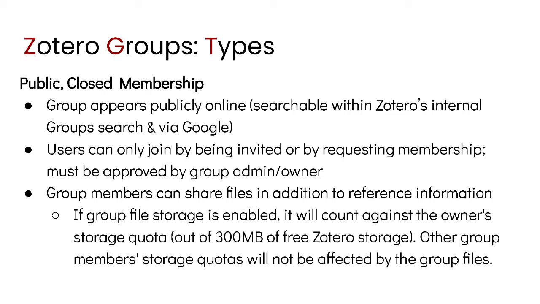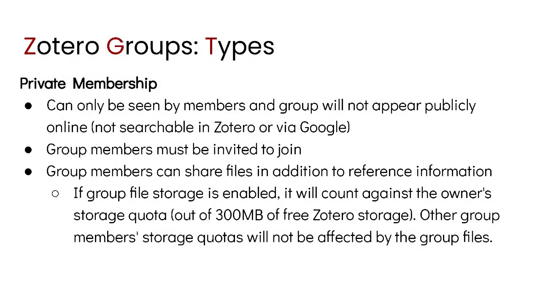In a public closed group, members can share files in addition to reference information. But if the group storage is enabled, remember, it will count against the owner's storage. So if you're the owner and you're allowing people to access your group and they're uploading tons and tons of PDFs, just keep in mind that's going to count against your free storage quota.